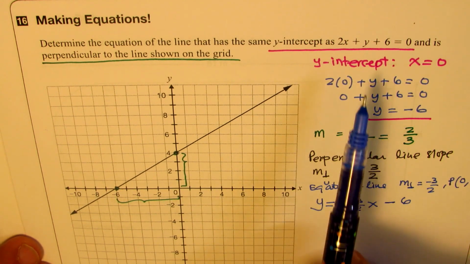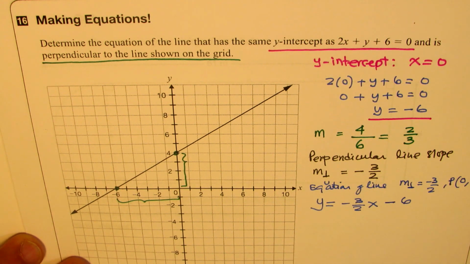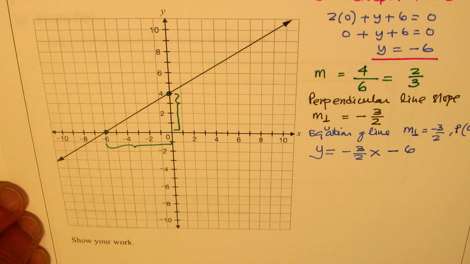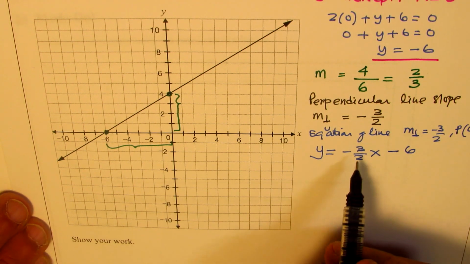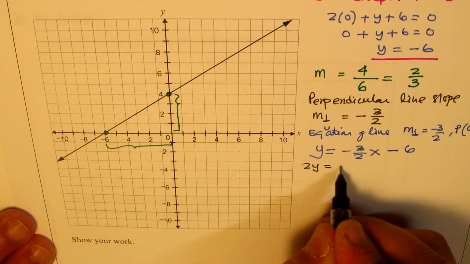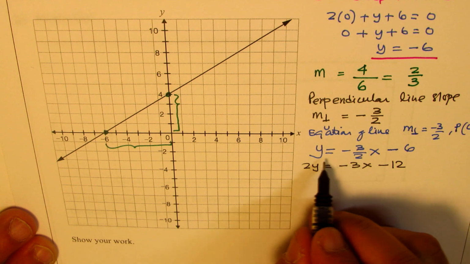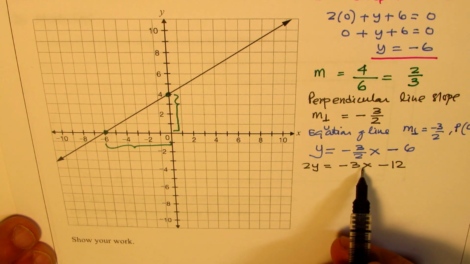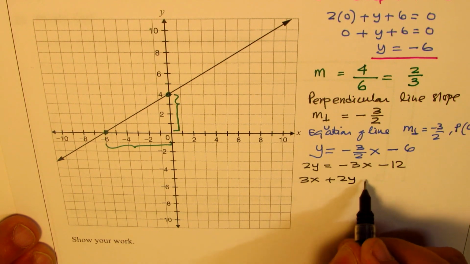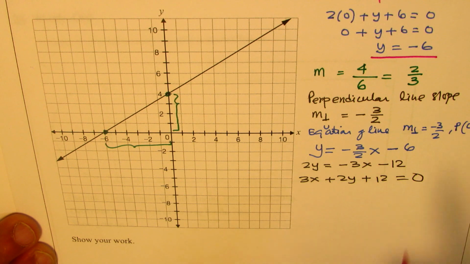Now, since we were given the equation in the standard form, let's rewrite this equation also in standard form, right? So that extra bit actually is very helpful. We'll multiply everything by 2. So we get 2y equals minus 3x minus 12, right? So now we can bring this term to the left side. So we get 3x plus 2y plus 12 equals 0. So that becomes the equation of your line.